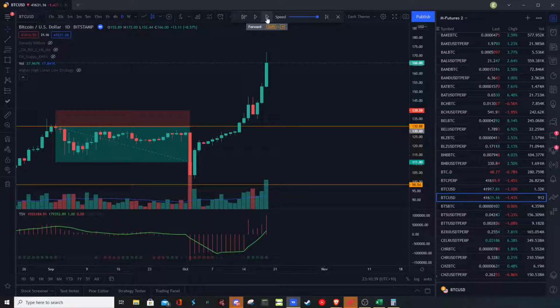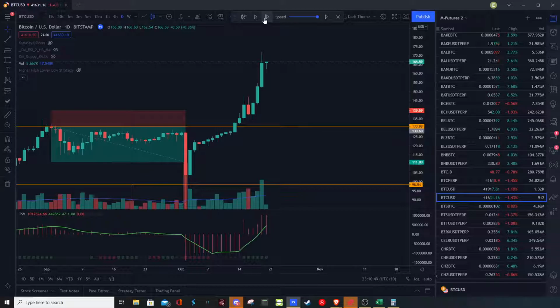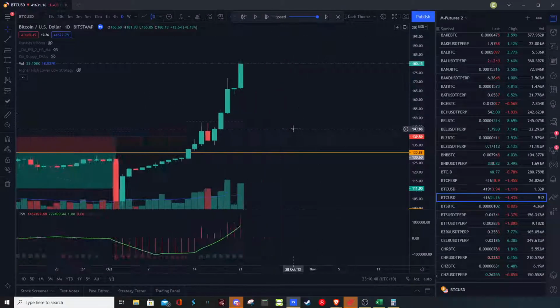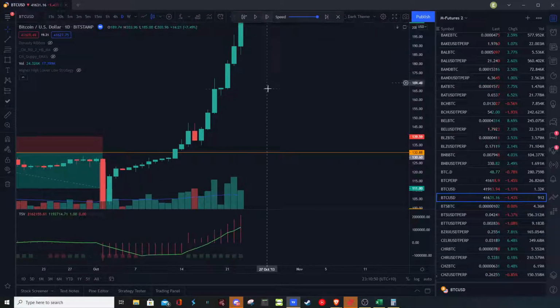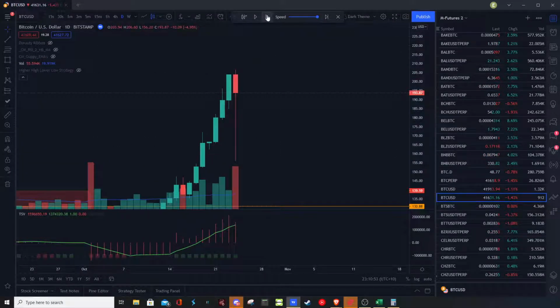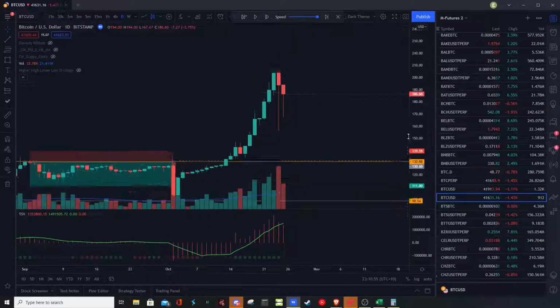Obviously, on a lower time frame, you're going to be able to get in on these candles potentially. So it just keeps going. Alright, so we're getting our first pullback here.